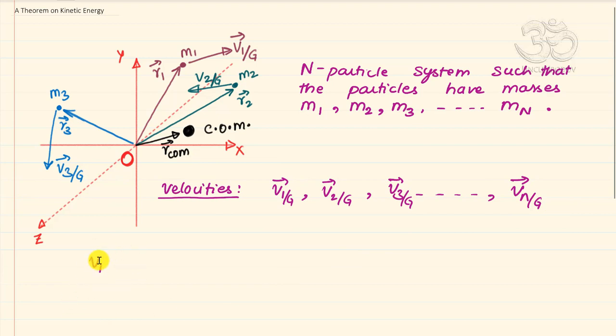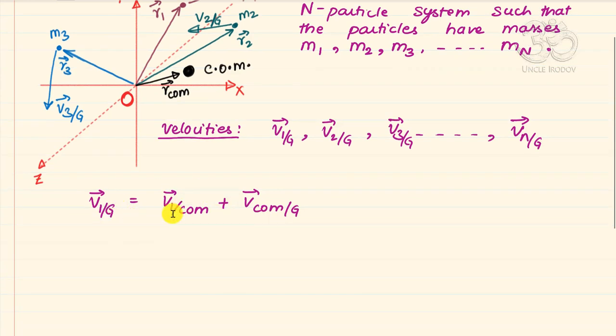So velocity of particle 1 in the ground frame is going to be velocity of particle 1 in the center of mass frame plus velocity of center of mass in the ground frame. You know that this is how we try to find the relative velocities. This is the law of addition of velocities.